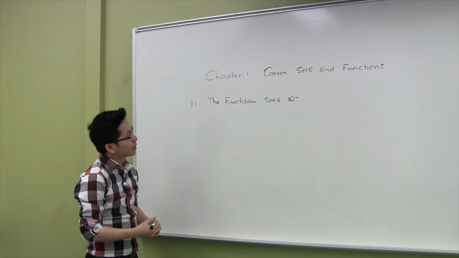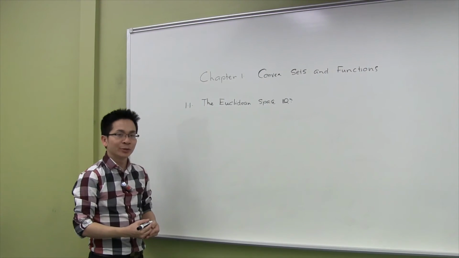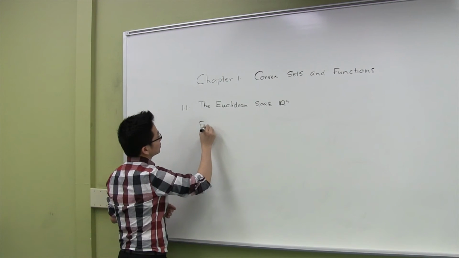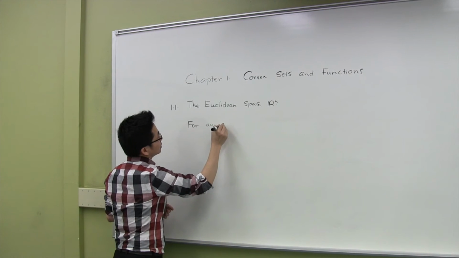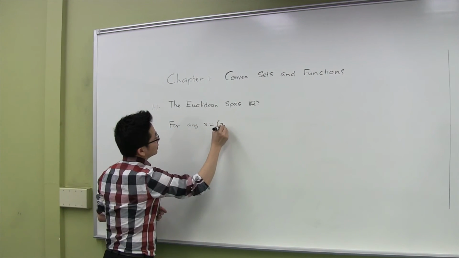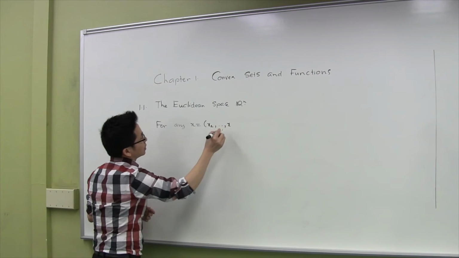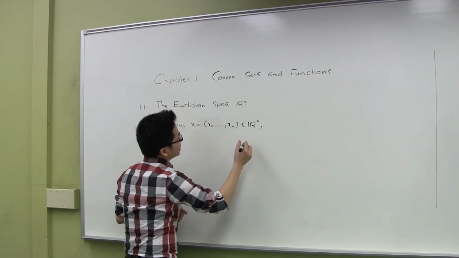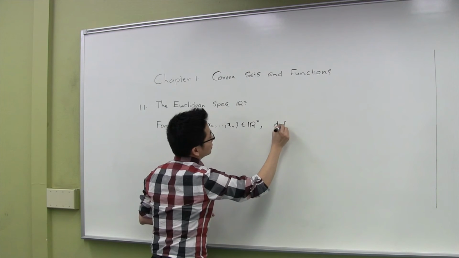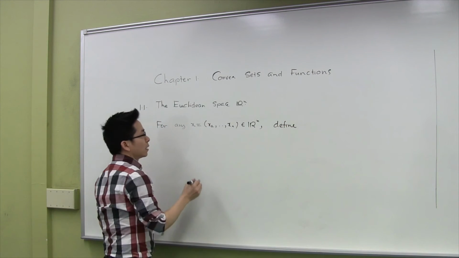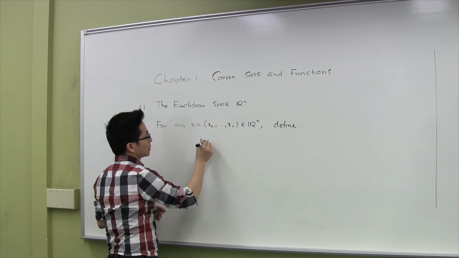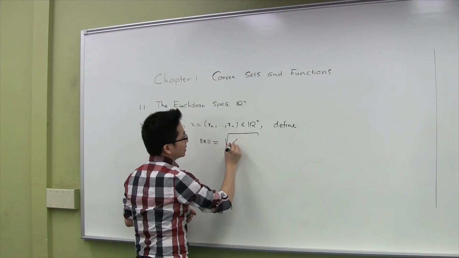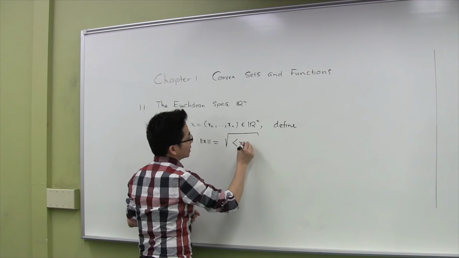Based on the inner product, we can define the Euclidean norm as follows. For any x equals (x1, ..., xn) in Rn, define the Euclidean norm of x by the square root of the inner product of x and itself.